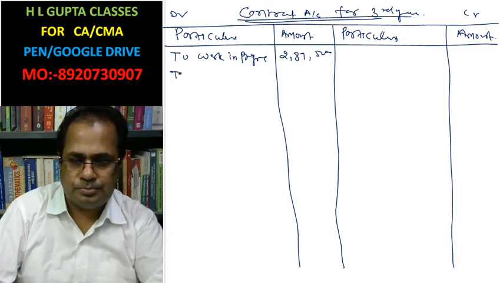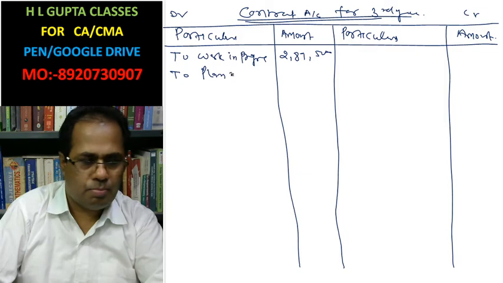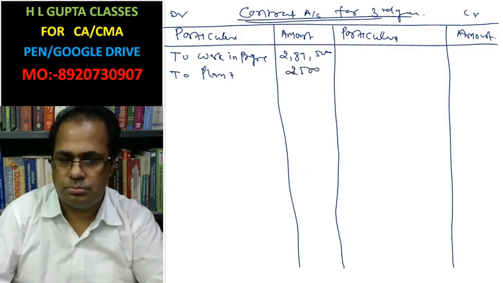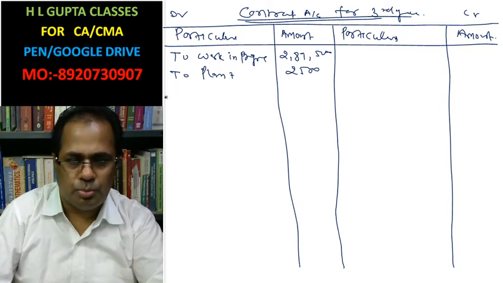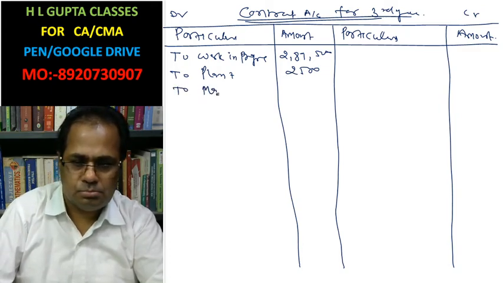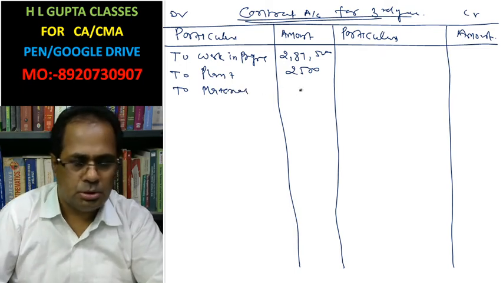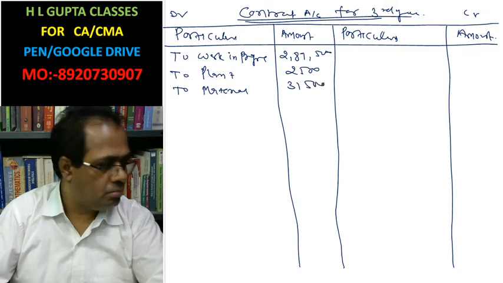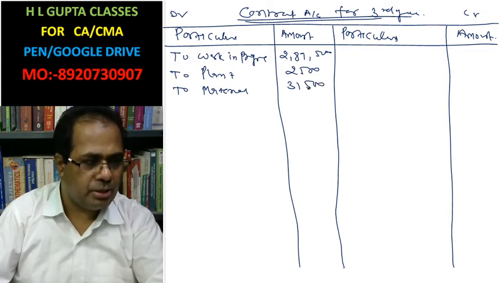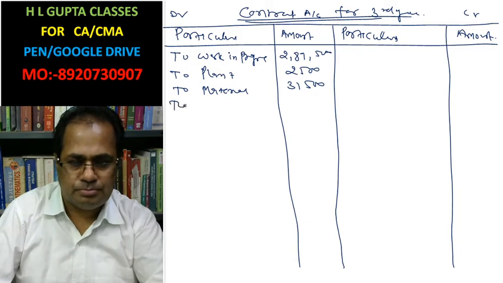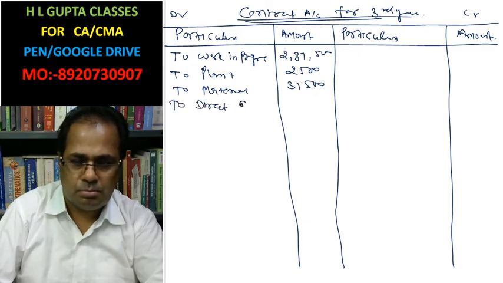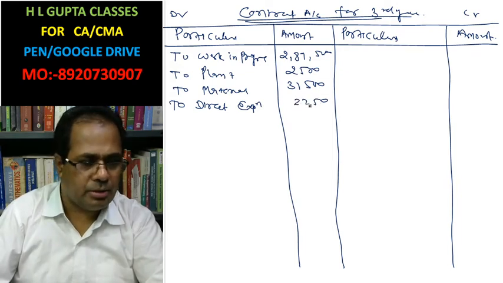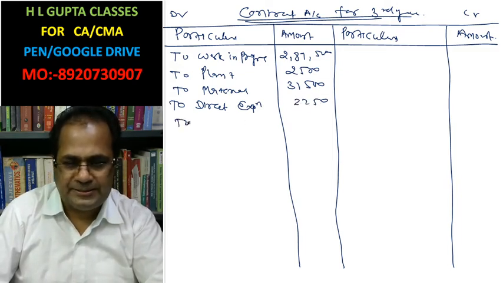To plant 250. To material 31,500. To direct expenses 2,500. To wages 42,500.